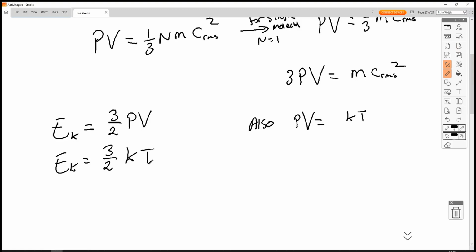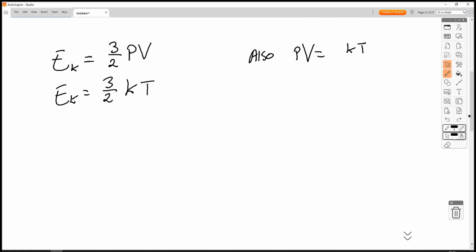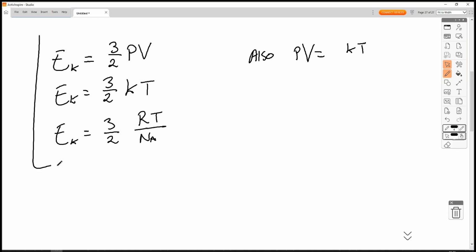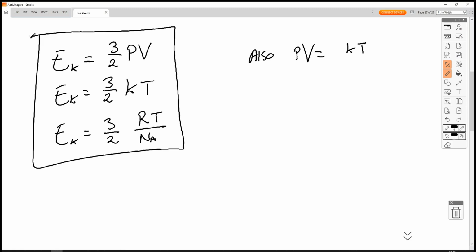And k also equals R/NA. So we get a third equation, which is 3/2 RT/NA. And that's the end of 6.2.3.